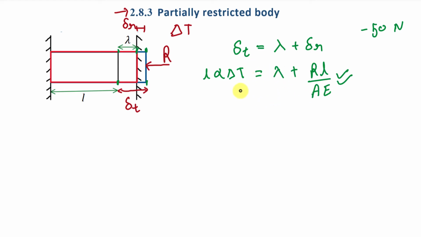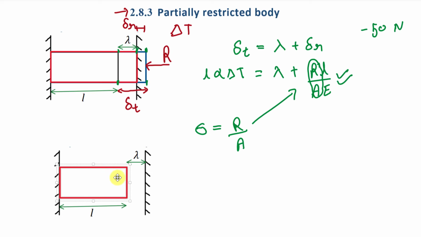And if it is asked to find the value of stress, that is sigma, then you have to directly find R divided by A, and here you can write R divided by A as sigma. So from here you can also find the value of sigma in this body. I hope you understand how to find the value of stress in a partially restricted body. Fine.